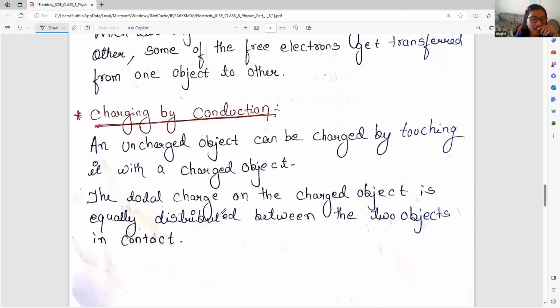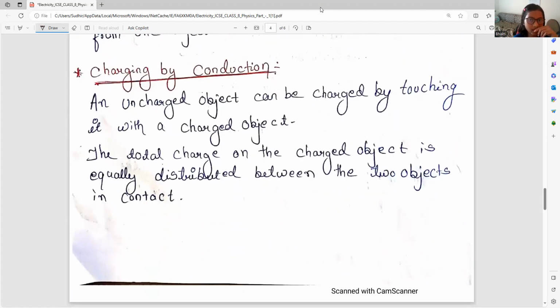Charging by conduction. Uncharged objects can be charged by touching them with a charged object.